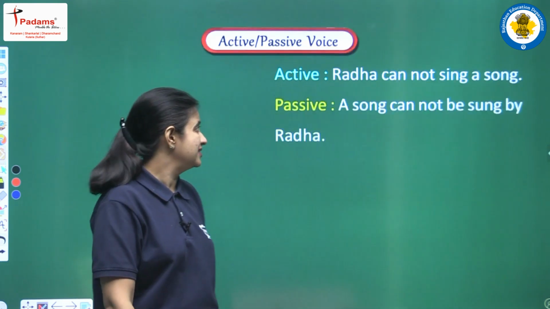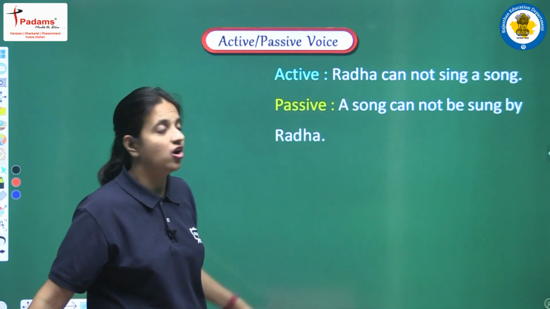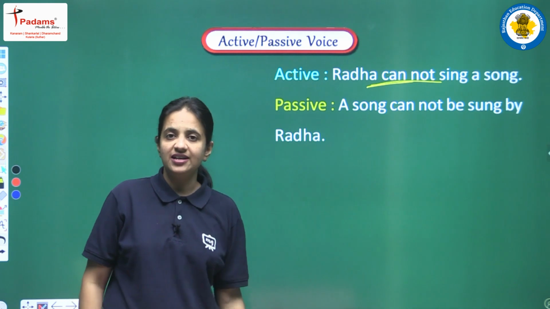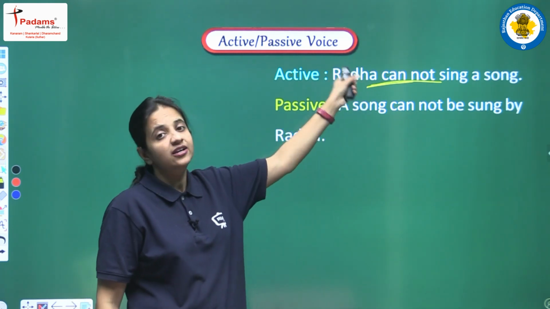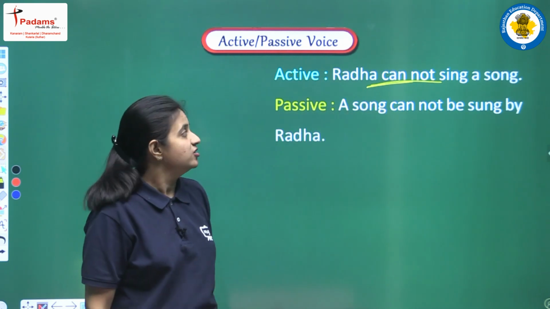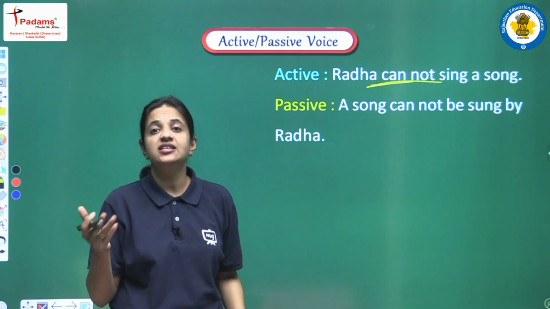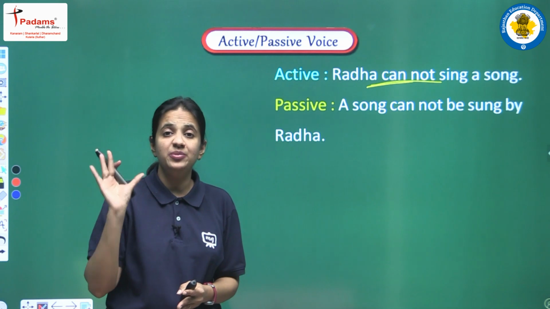More example we are having, Radha cannot sing a song. So in this example we are having modal, okay. So yes, negative sentences can have modal auxiliary also. So here we are having cannot. So this is negative sentence. So we have learned this thing that when we are having modal, we cannot change the modal. We have to use the same modal, but we have to add be, right?